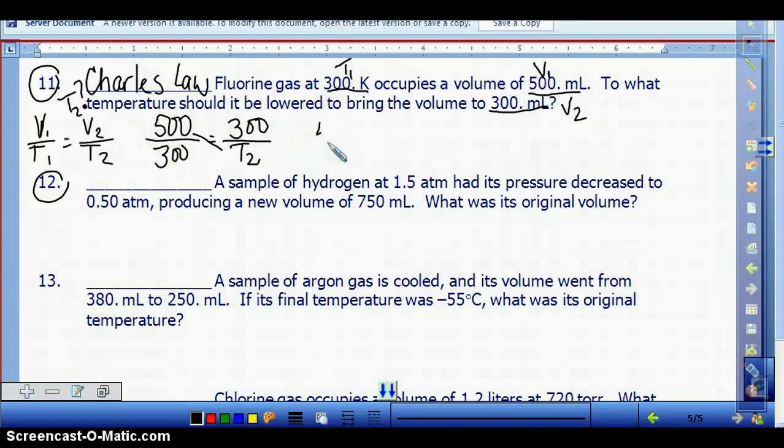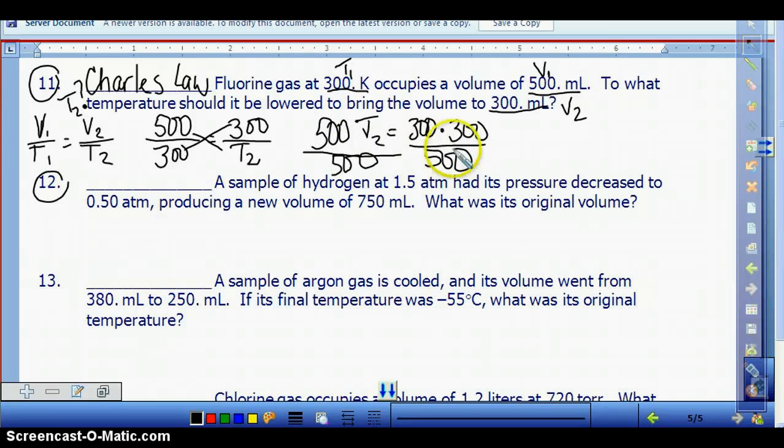So we have 500 T2 when we cross multiply equals 300 times 300. Solve for T2 by dividing both sides by 500. Plug that in your calculator.